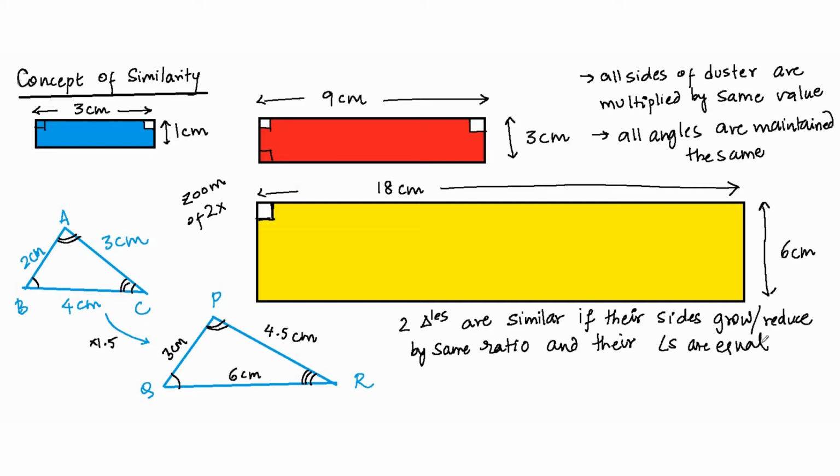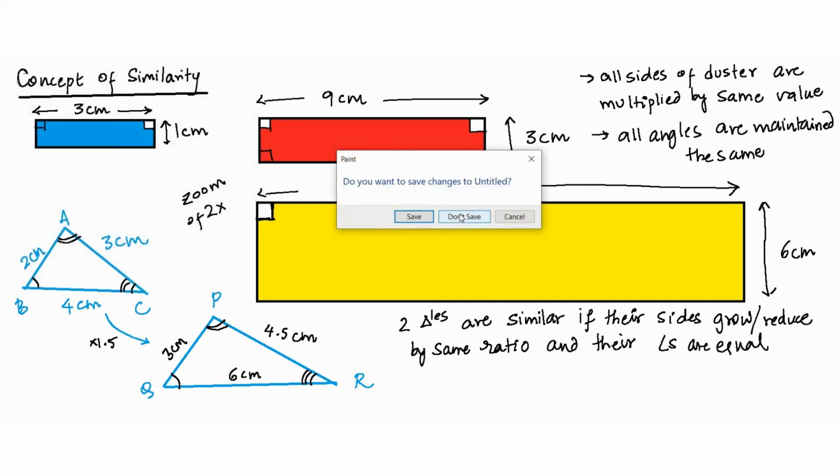So now let's understand more about similarity. Let us understand the symbol of similarity and also the different conditions of similarity. Let us also compare similarity with congruency. So let's see what is the symbol for similarity. The symbol for similarity is as shown on the board.